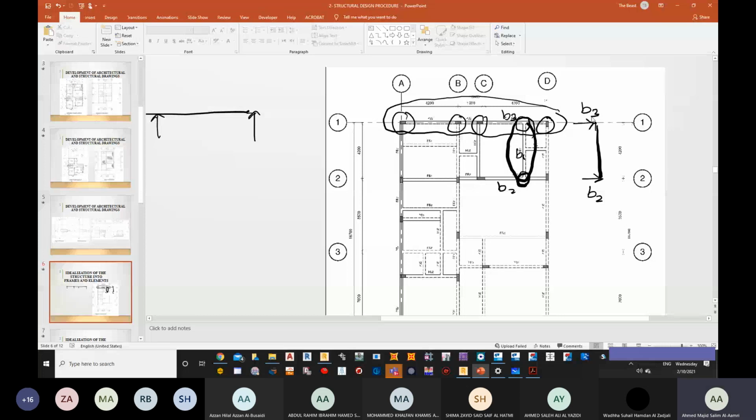Is it a support or is it a load on B capital? Okay, it's acting as a load. Which type of load? Is it a point load? Is it a UDL? Is the beam available all over the B capital beam, or is it only available at a certain position? Okay, so it acts as a point load.